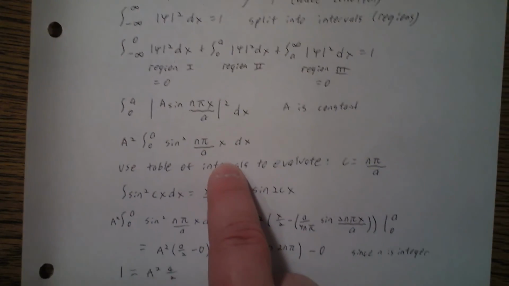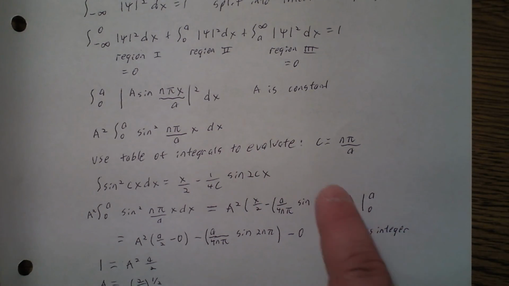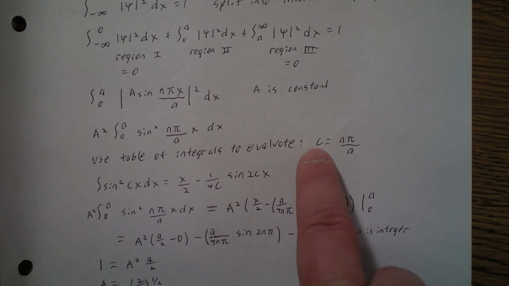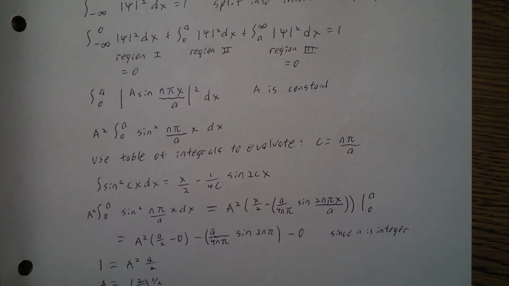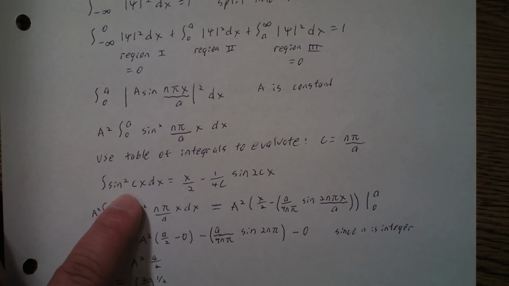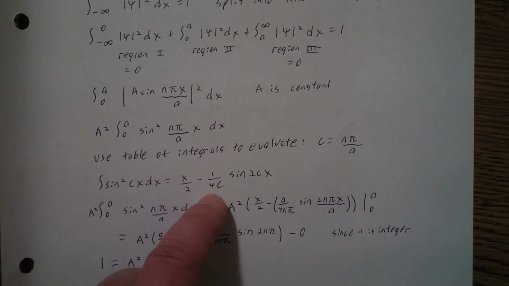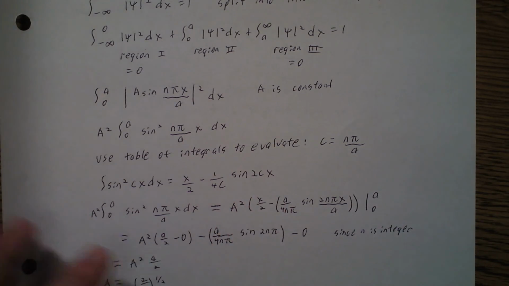Now to evaluate that, you'll have to use a table of integrals. So I think there's one in the back of the book. So we're going to say that c is equal to n pi over a. Using your table of integrals, the integral of sine squared cx with respect to x is equal to x over 2 minus 1 over 4c sine 2cx.